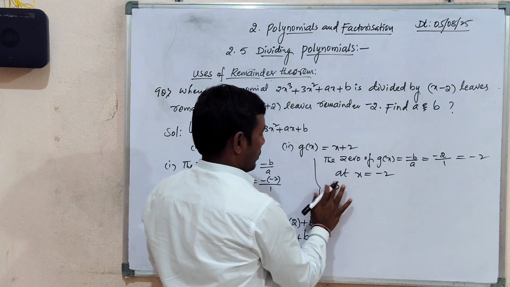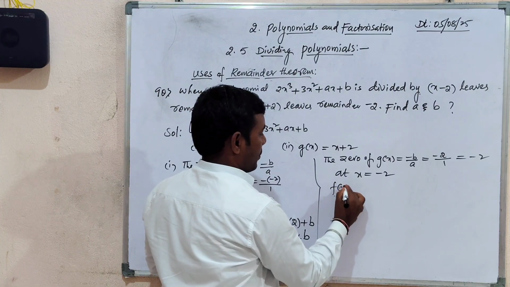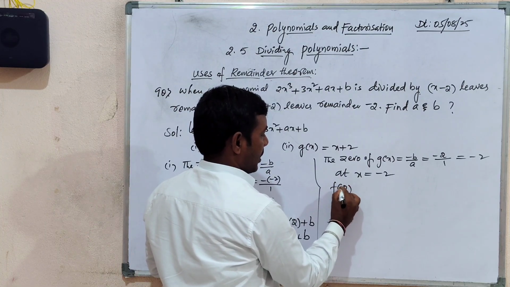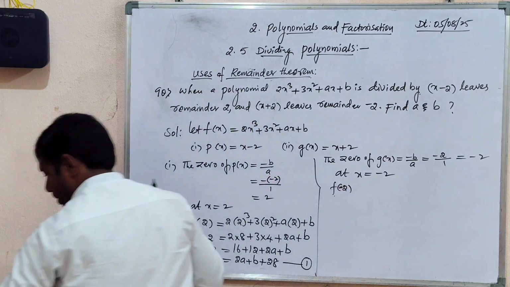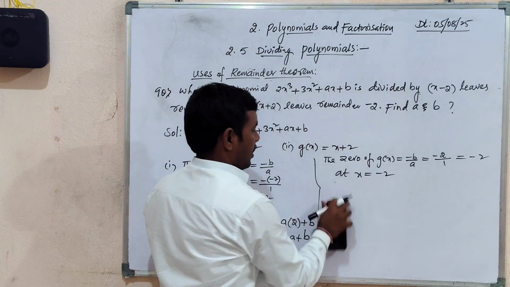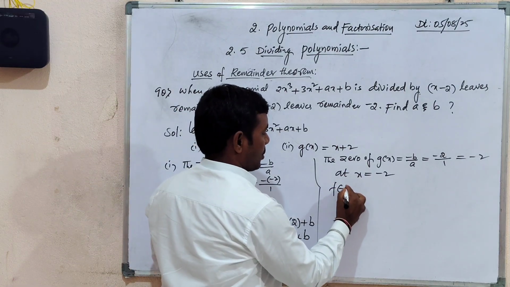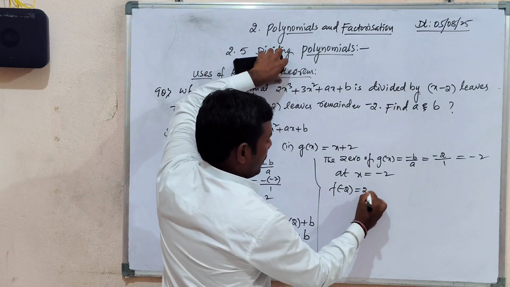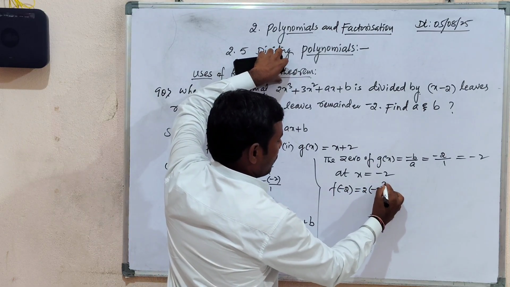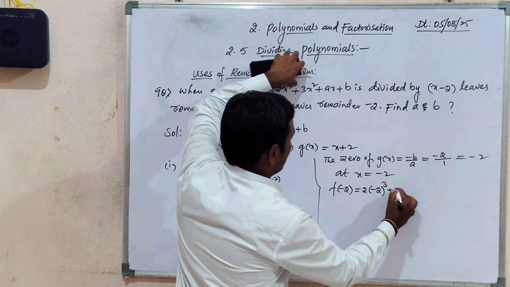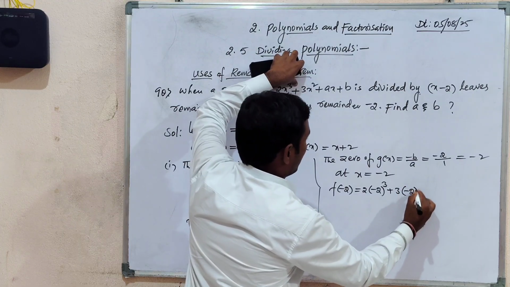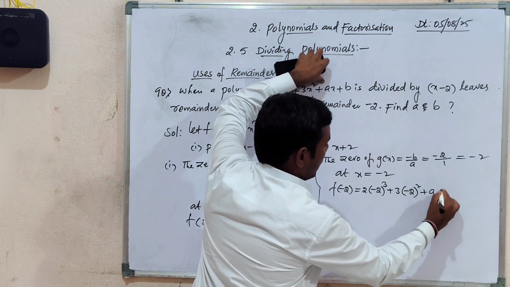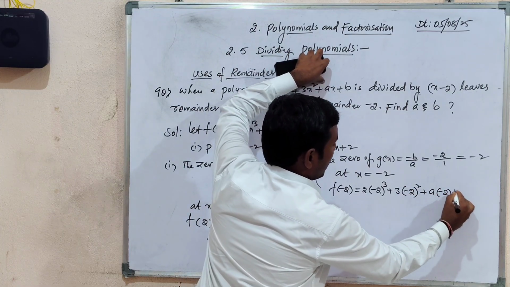Now f of minus 2 is equal to, substituting this, 2 into minus 2 whole cube plus 3 into minus 2 whole square plus a into minus 2 plus b.